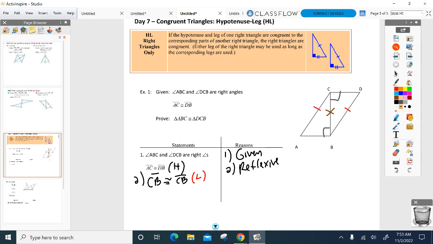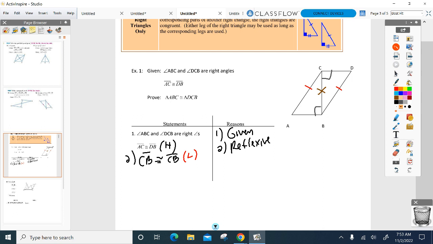Here's the one piece you've got to worry about with an HL proof. Let me back up here. You might want to write something down for number 3. Usually, what do we need to say about the right angles? We say the right angles are right, and then that they're congruent. I've got good news for you.